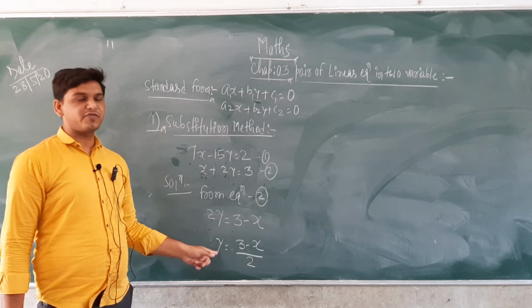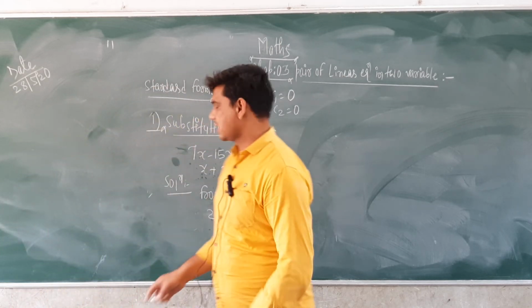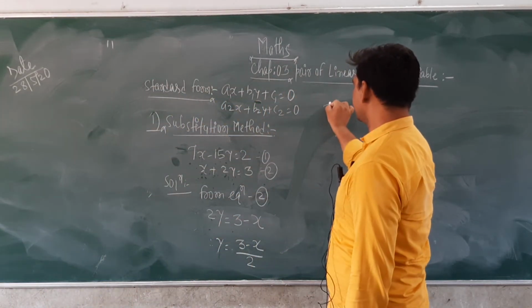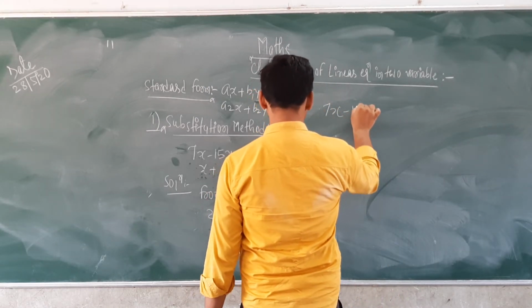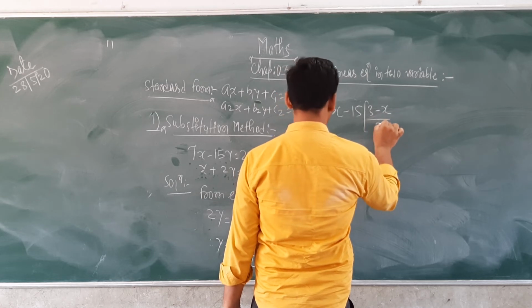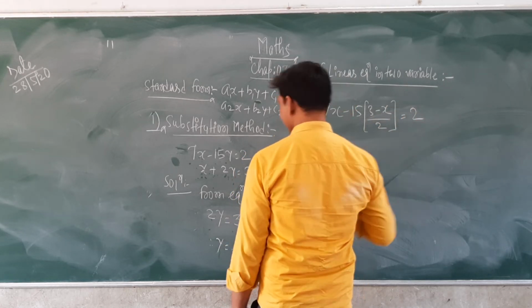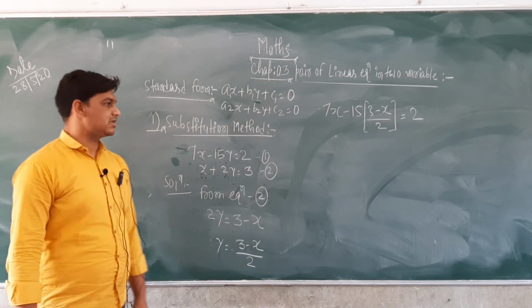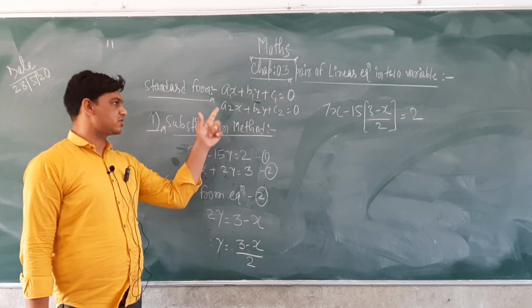Now this value of y is put into the opposite equation number 1, where we have 7x minus 15y. In place of y, we apply 3 minus x upon 2, is equal to 2, right? From equation number 2 we took the value of y and put it into equation number 1.